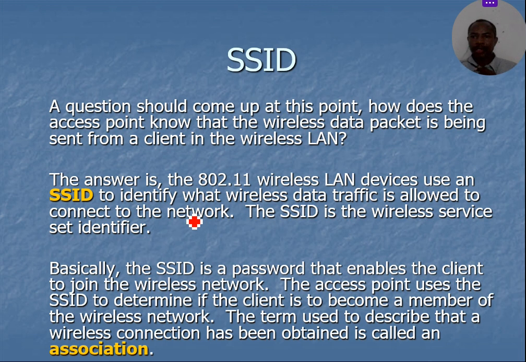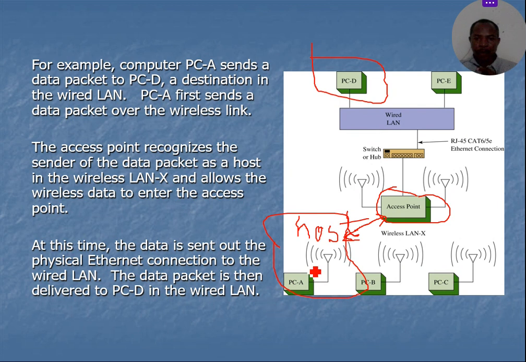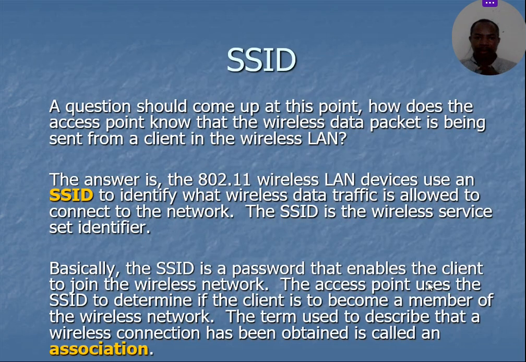PCA is not the only PC in the wireless network. How does it know it's PCA? Why does the access point not mistake it for PCB or PCC?